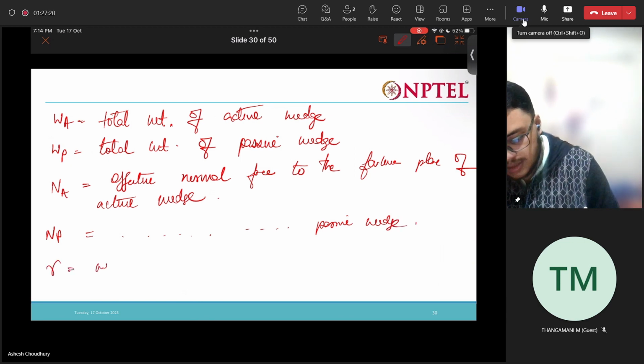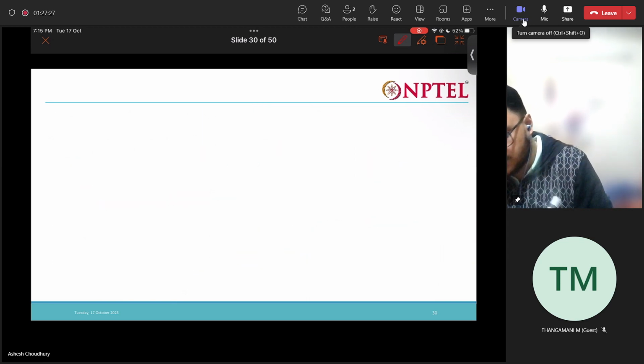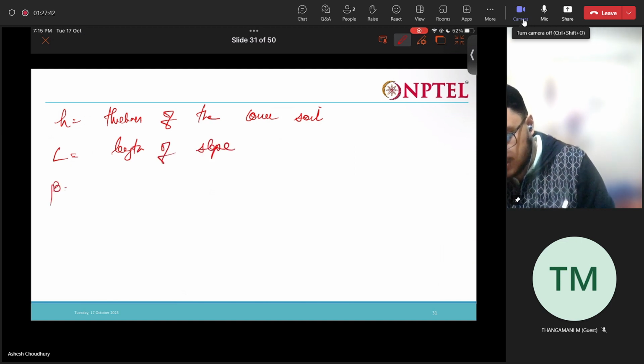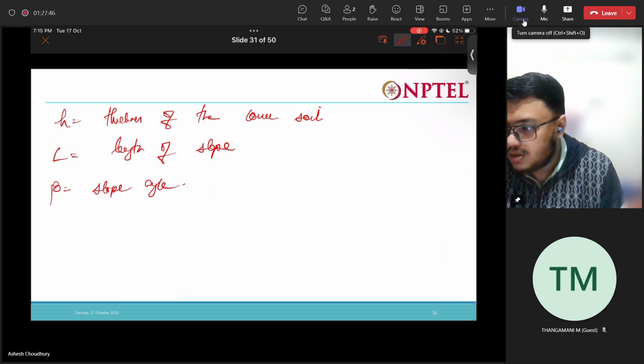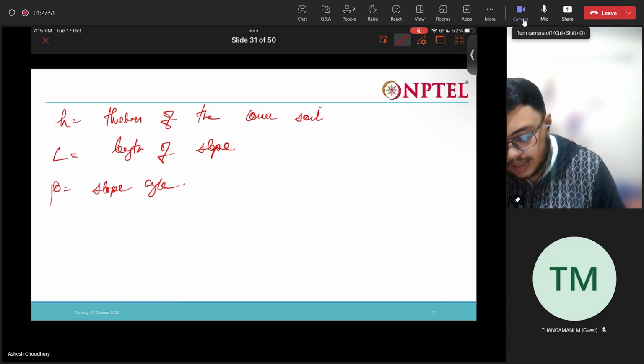Gamma is the unit weight of soil cover, H is the thickness of the cover soil, L is the length of slope. This delta is the interface friction angle.